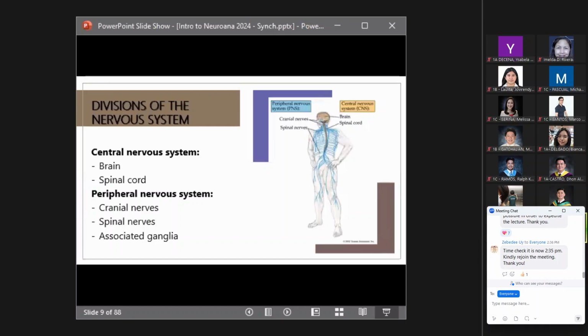Everything else that is not brain and spinal cord is peripheral nervous system. These are the cranial nerves, which come off from parts of the brain, the spinal nerves that come from the spinal cord, and the associated ganglia. These are accumulations of nerve cell bodies of the neurons in the peripheral nervous system, outside of the central nervous system.